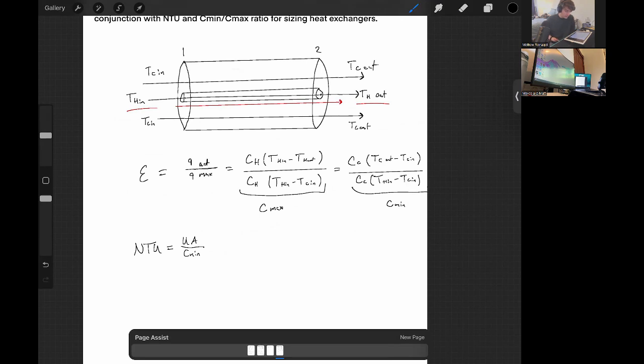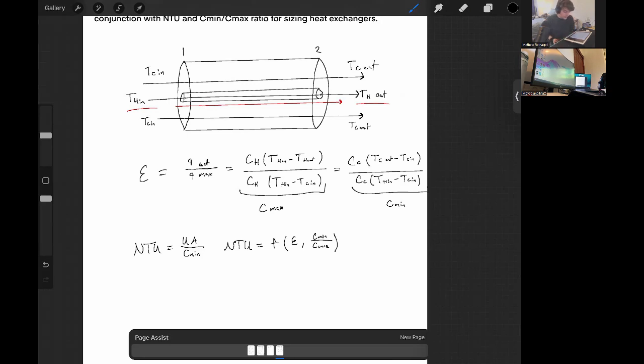So if we know C min and C max, what we can say for the actual max of our system for efficiency is that NTU is a function of the efficiency of our heat transfer system and the ratio of the C minimum over the C maximum.